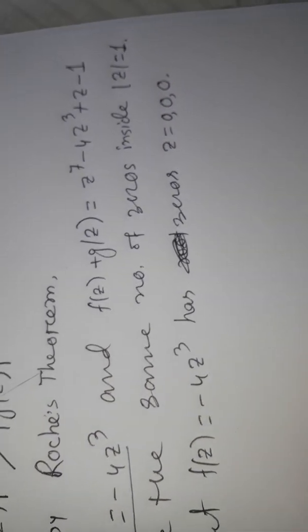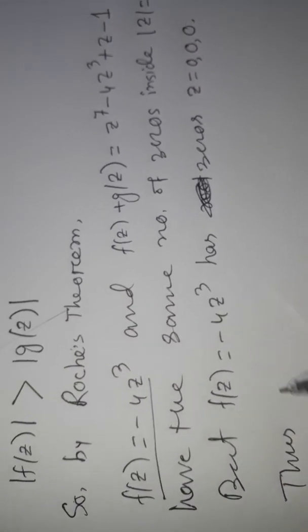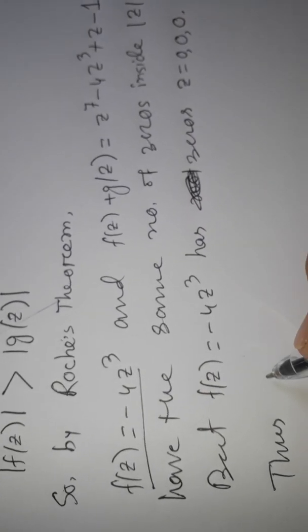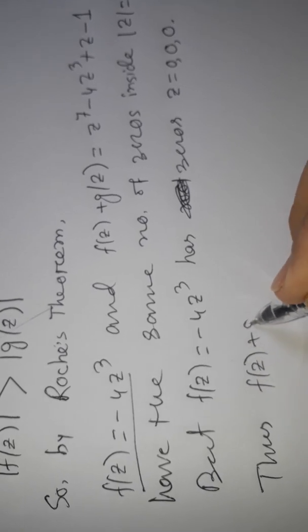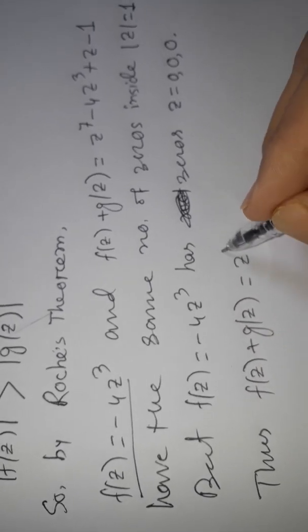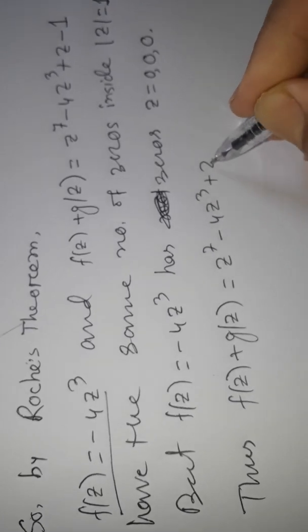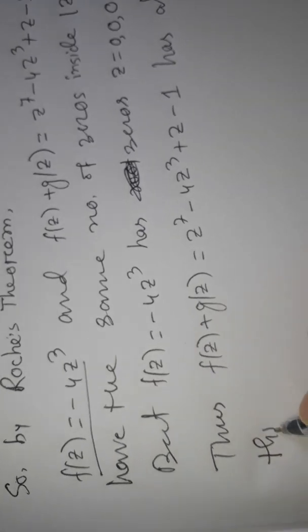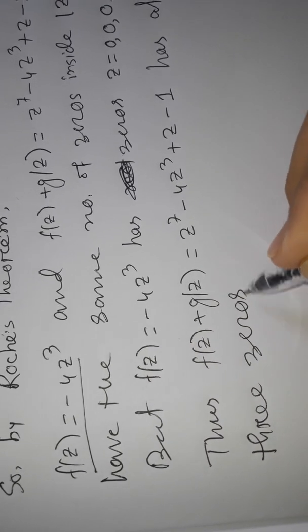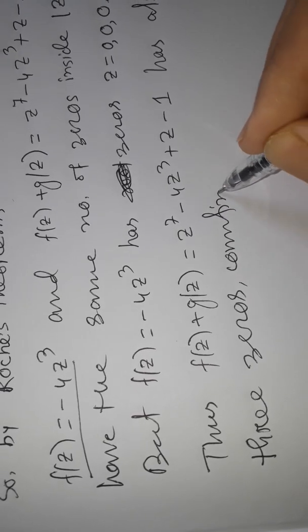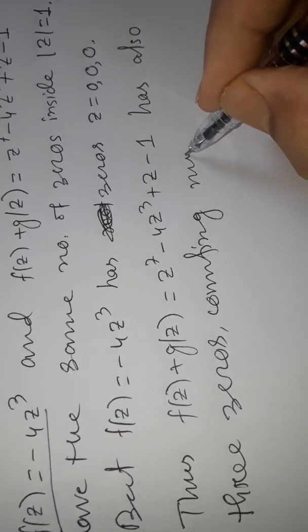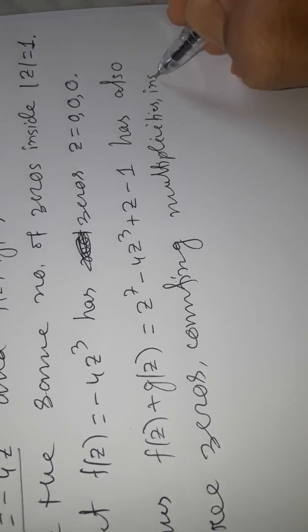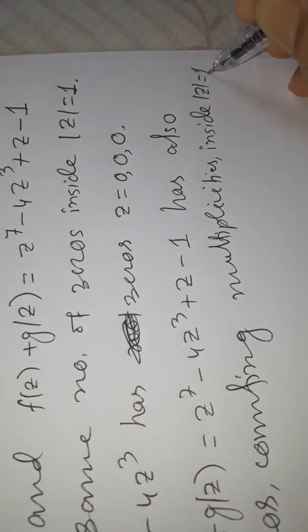Thus f(z) plus g(z), equal to z to the power 7 minus 4z cube plus z minus 1, also has 3 zeros, counting multiplicities, inside mod z equal to 1.